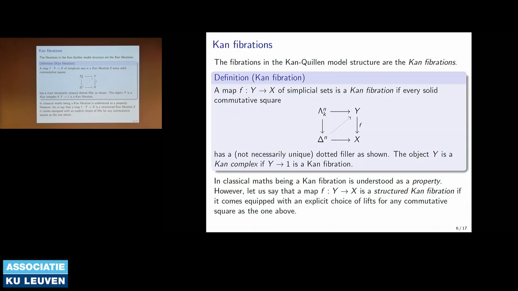I think that is from a constructive point of view not such a terribly good idea. So in a constructive context, it's much better to think of this as structure. So we could say that a map f from Y to X is a structured fibration if for any such square I'm given an explicit choice of a lift.